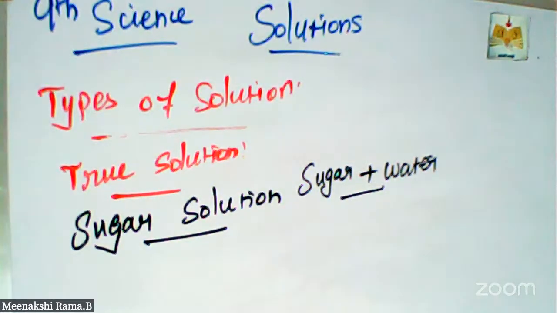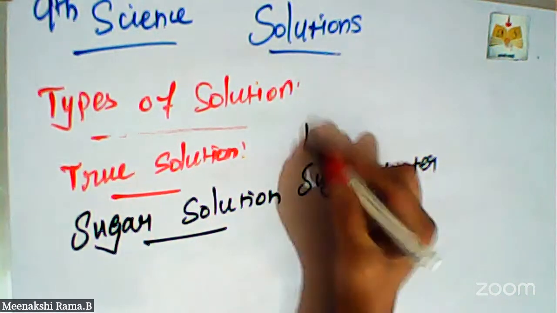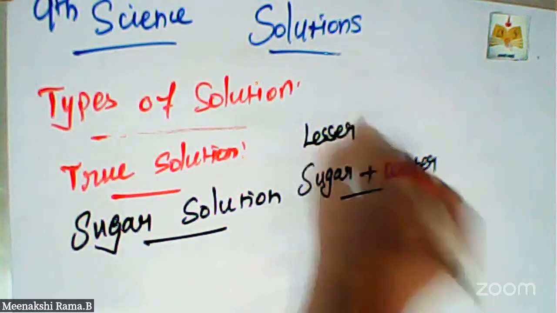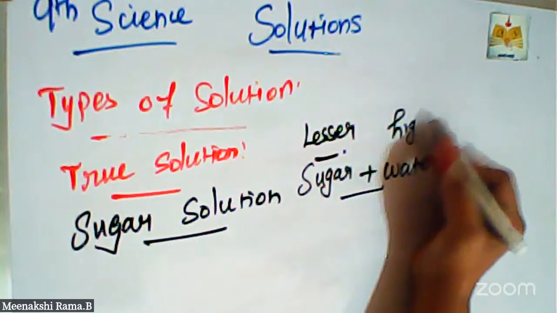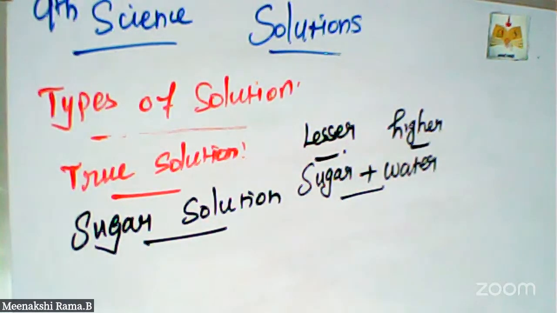Okay. Sugar is the lesser quantity, that is the solute. Water is the higher quantity, that is the solvent.